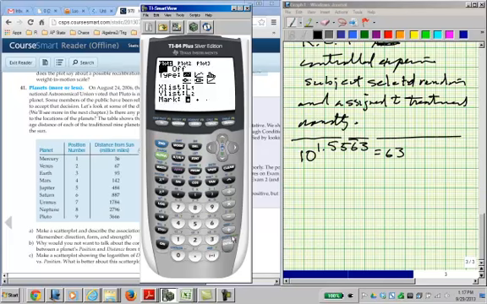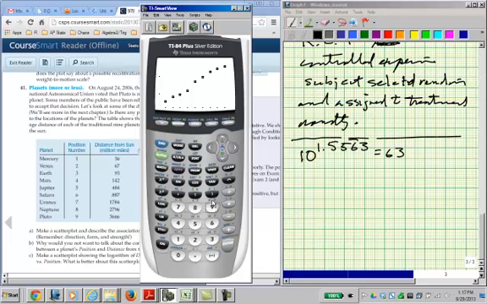So I'm going to hit enter, go here, and for the Y list, I'm not going to use L2 anymore. I'm going to use L3. And I'll hit zoom 9. Now, it's got a little wiggle to it, but it's fairly straight. It's definitely strong. So we can call it strong, linear, and positive.